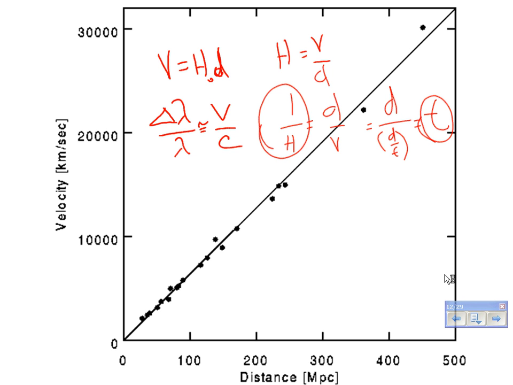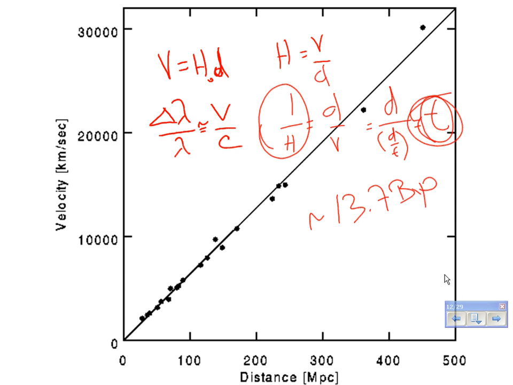Time for what? The age of the universe. If we know Hubble's constant, we know the age of the universe, okay? Because 1 over Hubble's constant is the age of the universe. So if you can measure it, that's a good thing, because then we know how old the universe is. And currently, we believe the universe to be somewhere around 13.7 billion years old, okay?